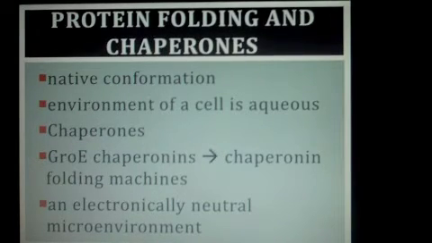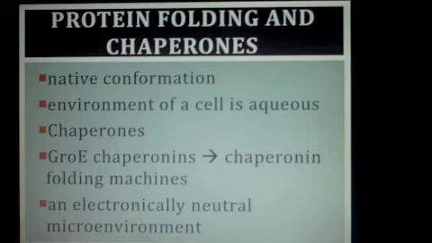The amino acid sequence of a protein determines its three-dimensional structure. However, the environment of a cell is aqueous. This poses a problem because an aqueous environment does not favor the correct folding of the majority of proteins. Therefore, proteins are folded correctly with the help of chaperones. Chaperones are a class of proteins found in all organisms.